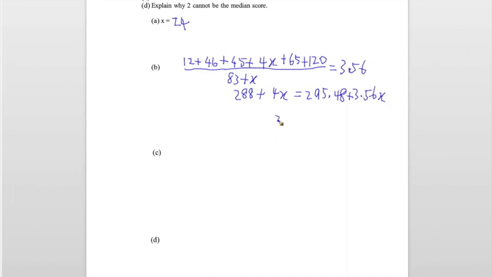Okay, solving for x, we have x is 17. Alright, it should be a nice number since it is the number of items. We cannot have half a number, right? So it should be a whole number.